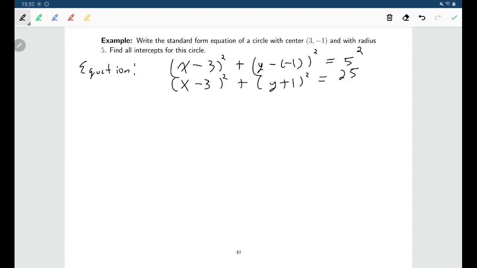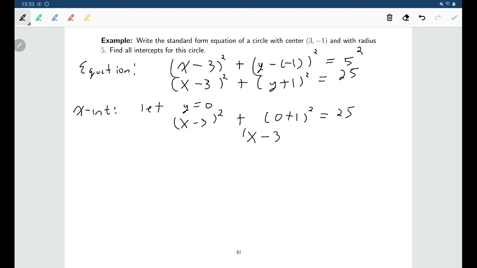Okay, so we've got our equation, and now we can use that to find our intercepts. If we're looking for the x-intercepts, we're going to be letting y be equal to 0. So we would have (x minus 3) squared plus (0 plus 1) squared equals 25, which simplifies to (x minus 3) squared equals 24.